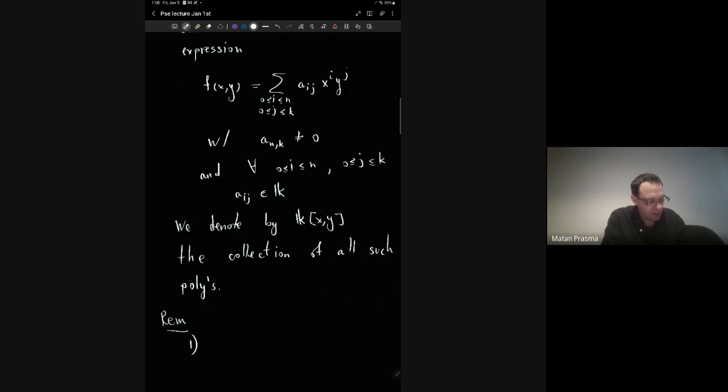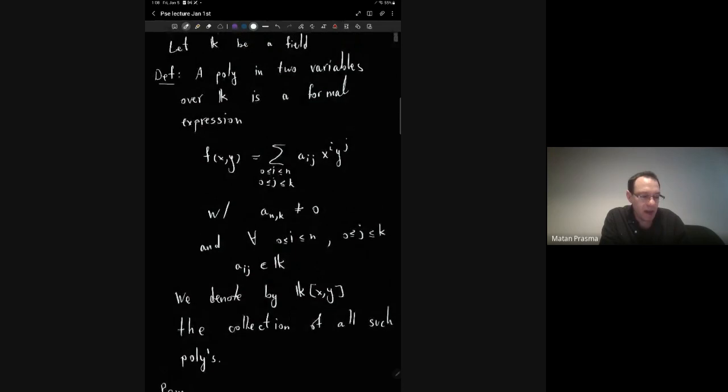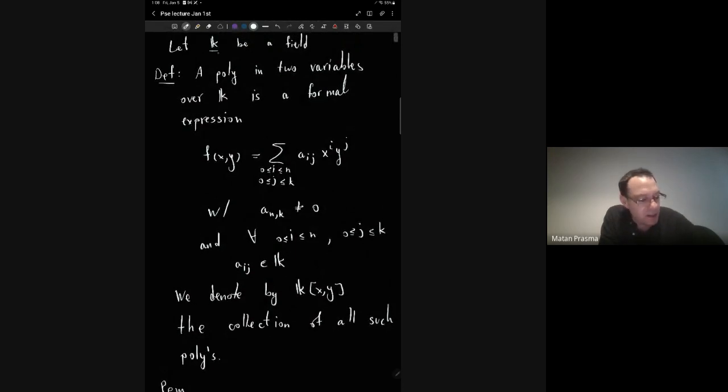I mean, we know that polynomials do not actually require a field as the set of coefficients, but rather you can do everything with a ring, because in order to add and multiply polynomials, we only need to add and multiply the coefficients, and we don't need multiplicative inverses for elements.